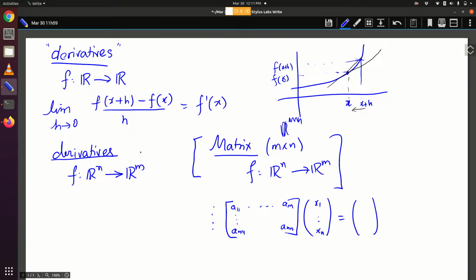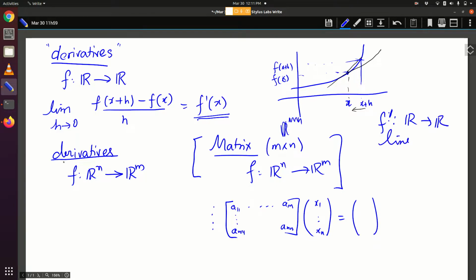Now basically what I'm saying is that when you have a function from R to R, the derivative f dash can also be thought of as a function from R to R, but the only difference is it's a line.